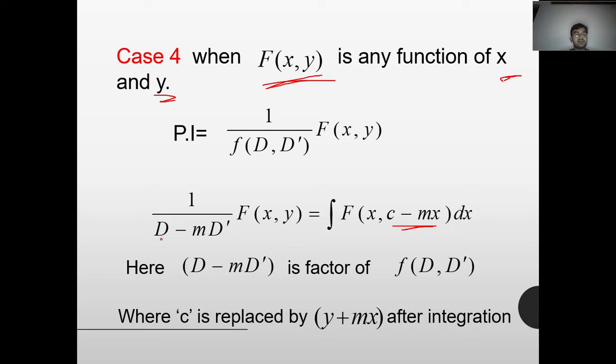After integration we replace the value of c by y plus mx.